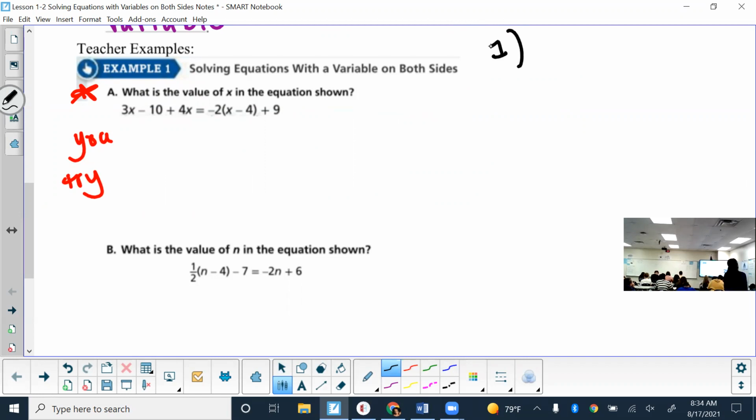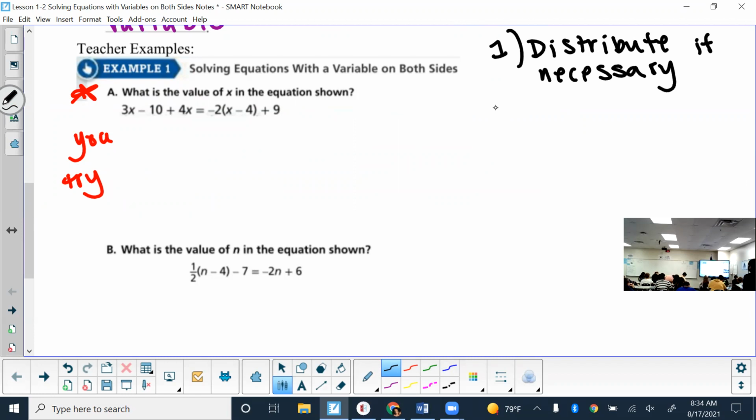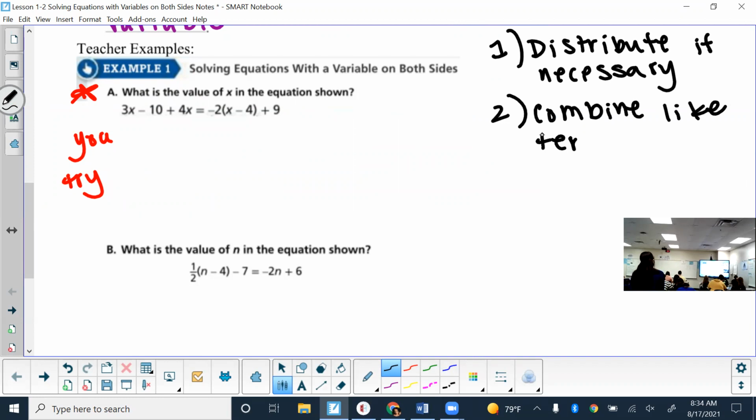Step 1 is to do what? Distribute if necessary. Step 2 is to combine like terms. Step 3.